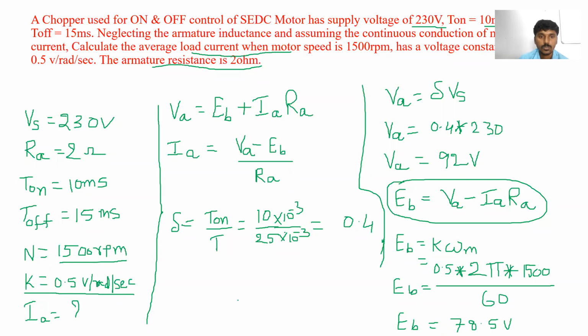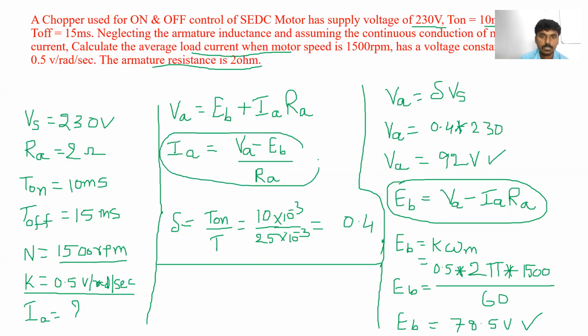Okay, so now we can easily find out the armature current, that is the load current. Because we know the value of EB, we know the value of VA, and we know the value of RA, we can directly substitute in this equation.